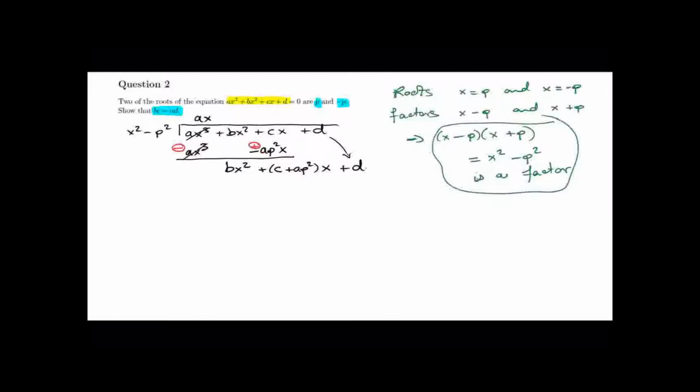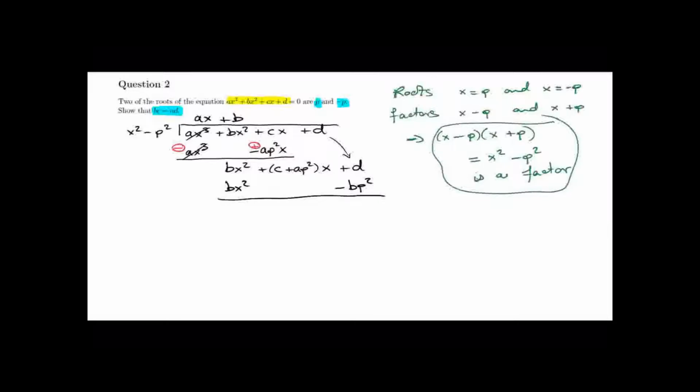Okay? Now next up then we need to repeat the process, so I need to divide this part here by this part here. Now bx squared divided by x squared is just b, so that's plus b. We have b multiplied by x squared, which is bx squared, and then we have b multiplied by minus p squared, which is minus bp squared. And obviously I've written it over there because it doesn't have an x in it, so constants underneath constants.